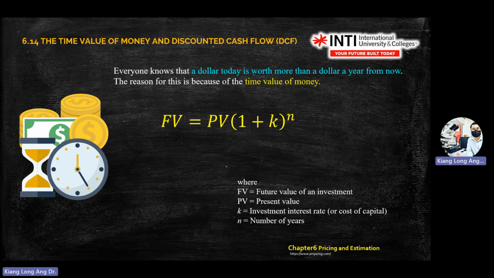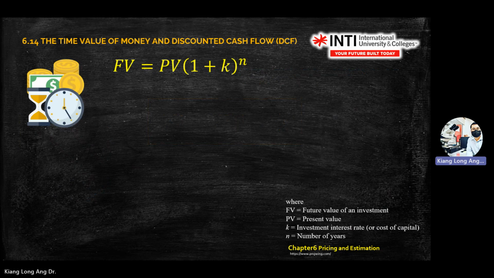Okay, write this and then explain what is FV, PV, K, and N. You write this one with the explanation, you get 2 to 3 marks. So this is the only equation, if not mistaken, for chapter 6. Big issue for engineering student because you can handle partial differential and all this. So this is very easy.